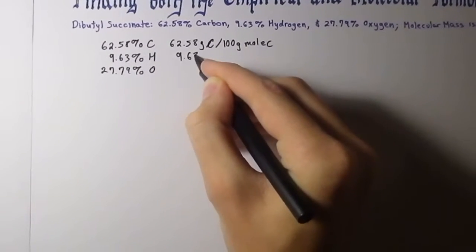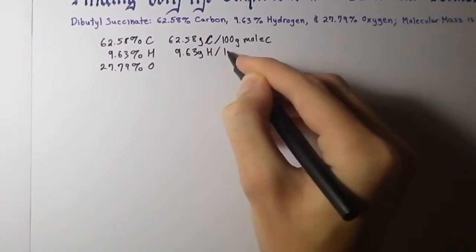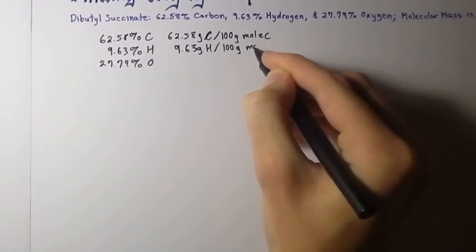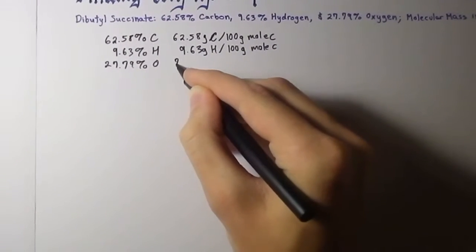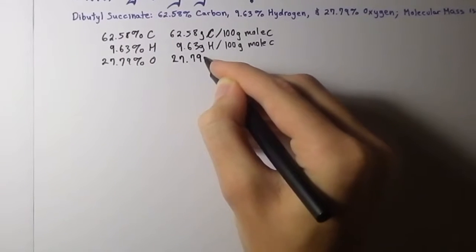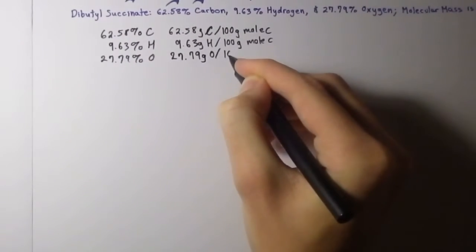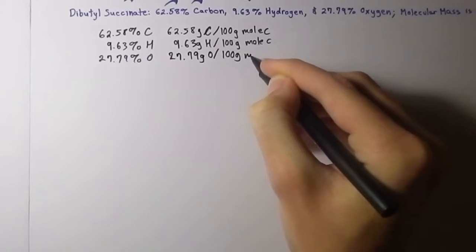Likewise, you'll have 9.63 grams of hydrogen for every 100 grams of the molecule, and you'll have 27.79 grams of oxygen per 100 grams of the molecule.